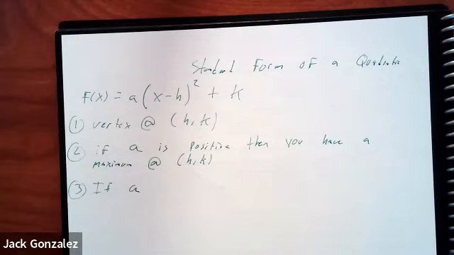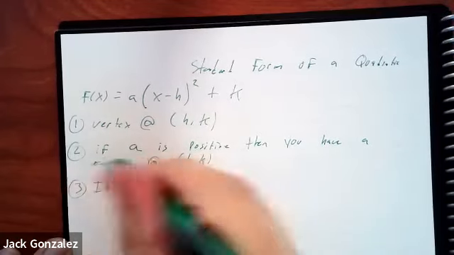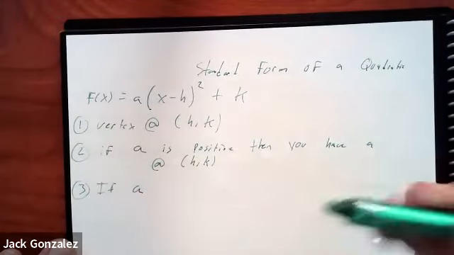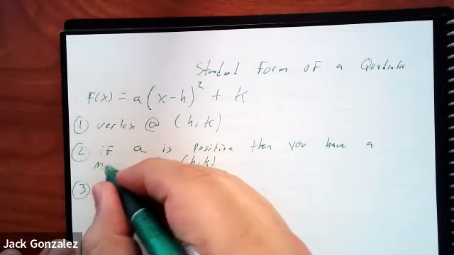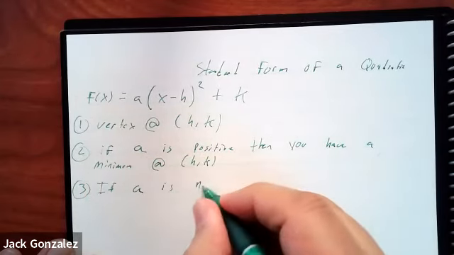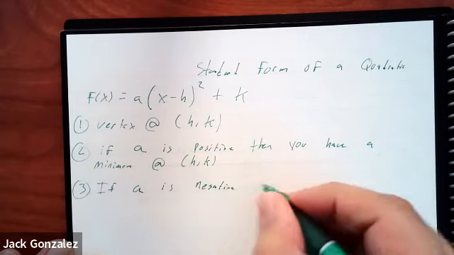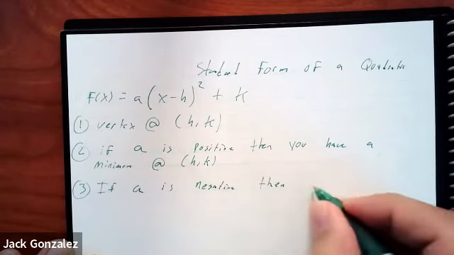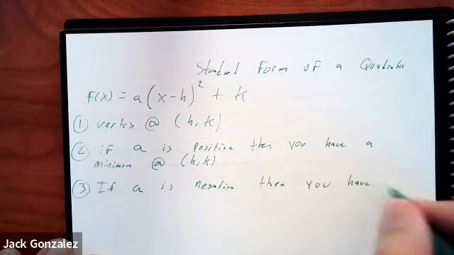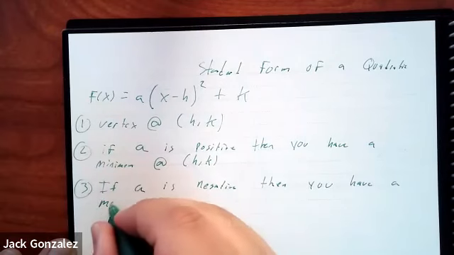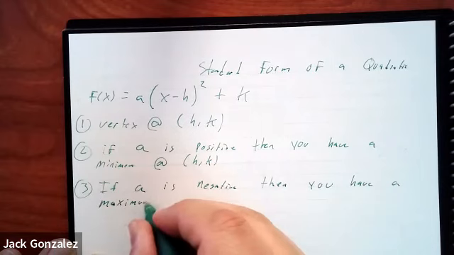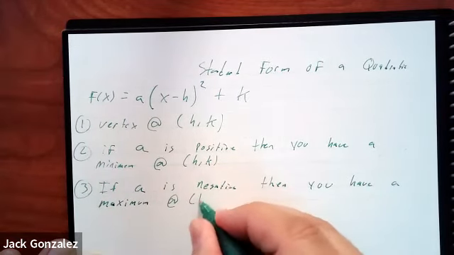Sorry, minimum. If a is negative, then you have a maximum at (h, k).